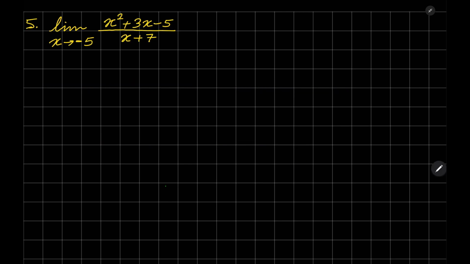Find the limit of given rational function as x approaches negative 5. We can find the limit of this function using the direct substitution method.